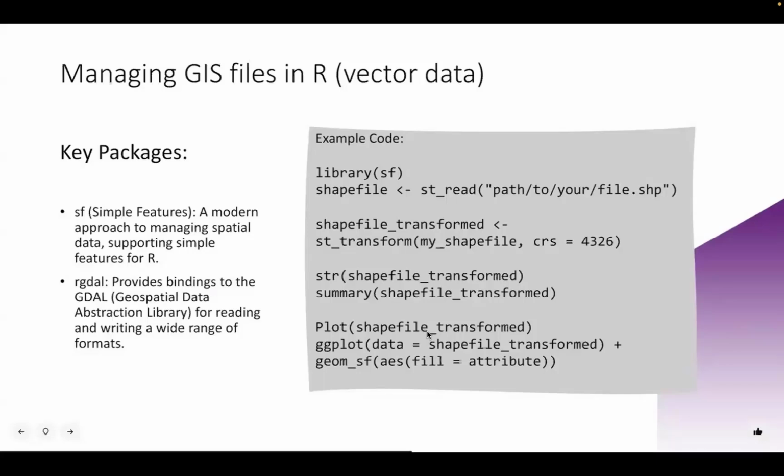This code snippet here demonstrates a very simple but concise way of how you might read in a shapefile. You start by reading in a shapefile, and then you transform the coordinate reference systems, which we're going to talk about in a minute. And there's just some basic code to show you how to then plot a shapefile. But I just wanted to demonstrate a little example of what a GIS file might look like in R.